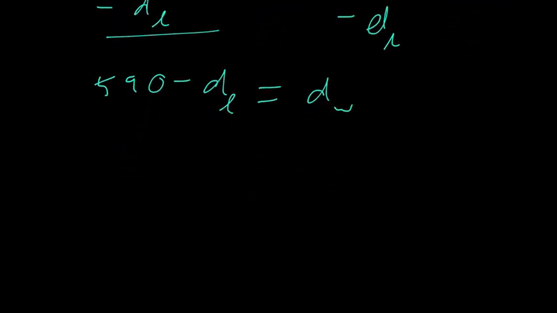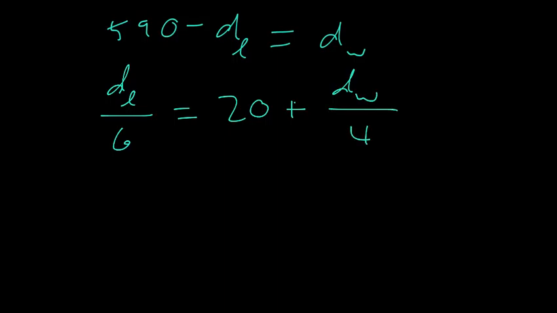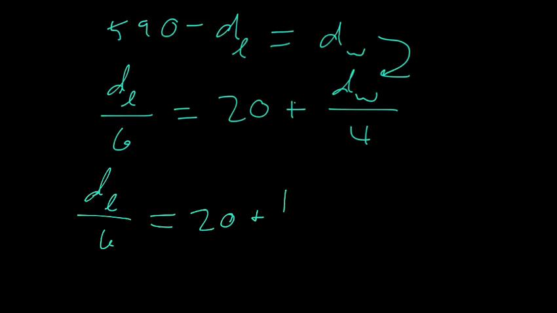Now let's rewrite equation 1: d sub L over 6 equals 20 plus d sub W over 4. Plugging in d sub W, we get d sub L over 6 equals 20 plus 1/4 times (590 minus d sub L).